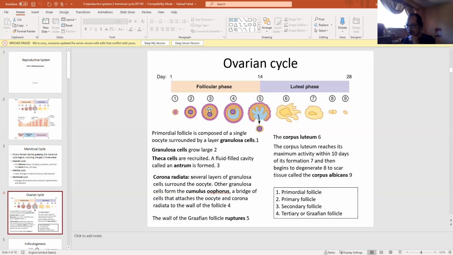In addition to that, we recruit another layer of cells called the theca cells surrounding it. Now, these theca cells and the granulosa cells work together to form hormone. From this time on, these follicles become an endocrine system. They release sex hormone. They release the estrogen.